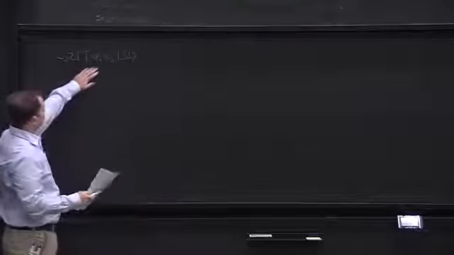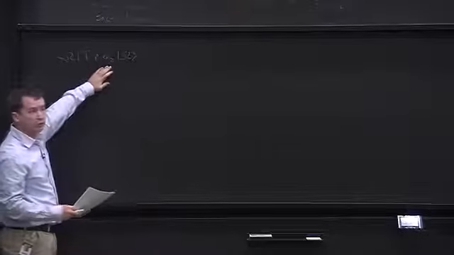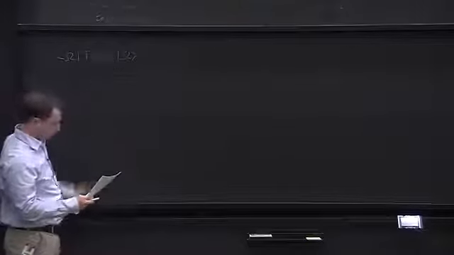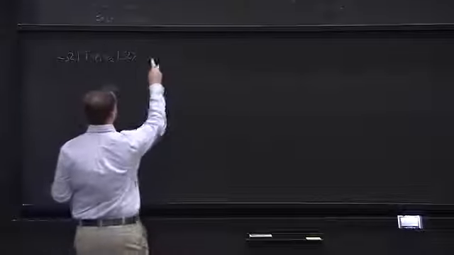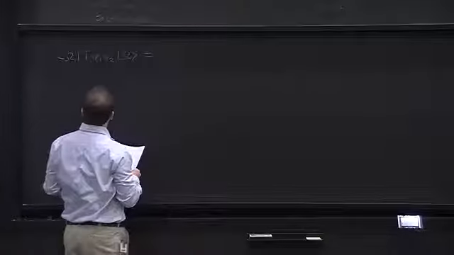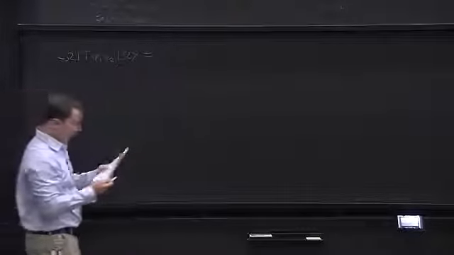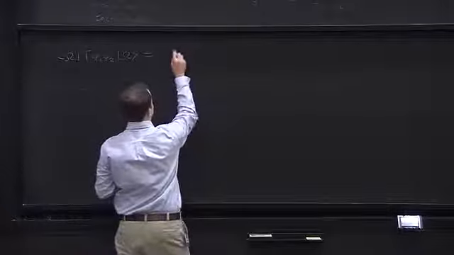So the simplest Green's function we can look at is a 2-point Green's function. And we saw yesterday that we can compute this Green's function by going to the interaction picture and using Dyson's formula.